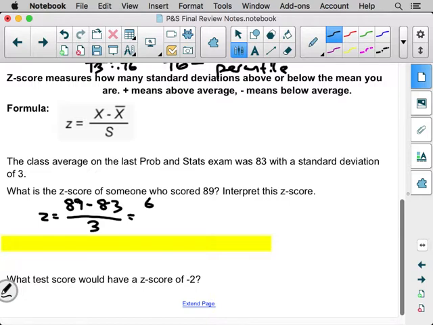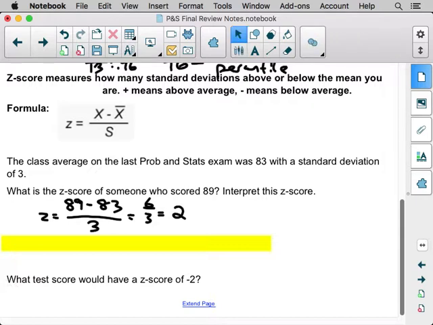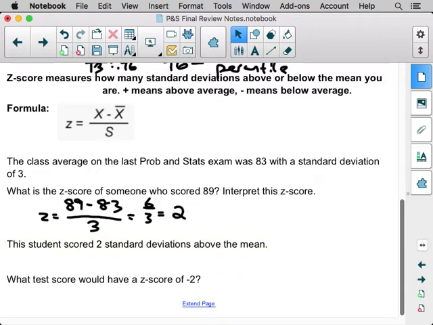So here, 6 divided by 3 equals 2. So this individual would have a z-score of 2. And again, based on the definition we just gave above, that z-score means that they are 2 standard deviations above average, 2 standard deviations above the mean.